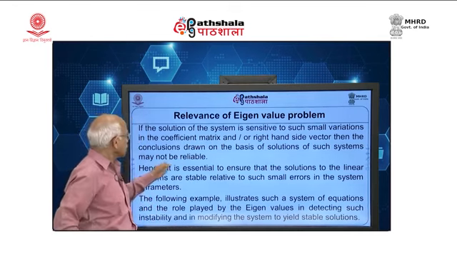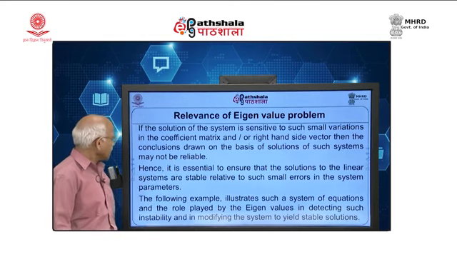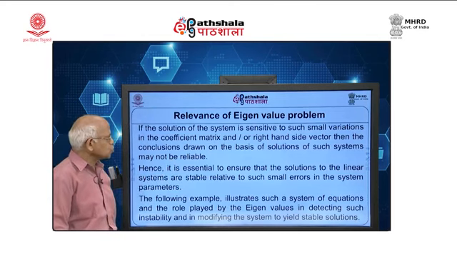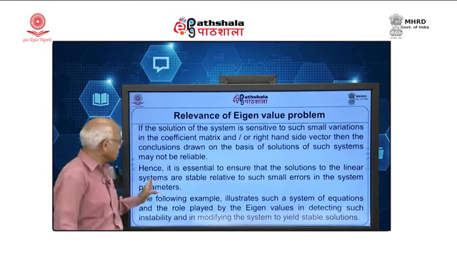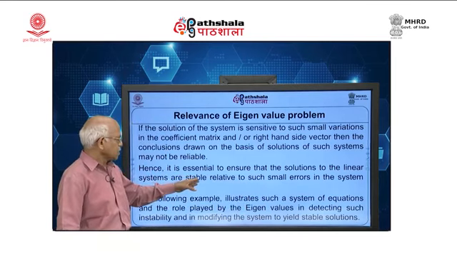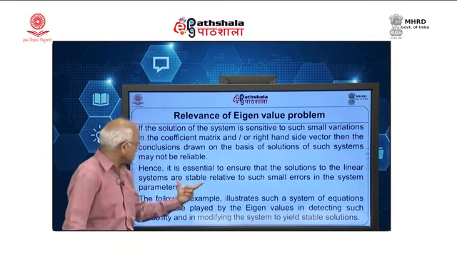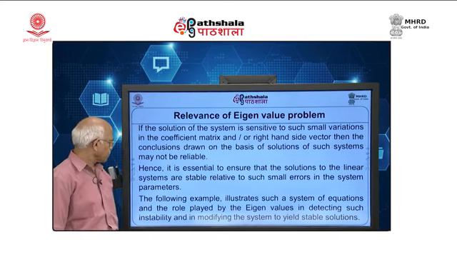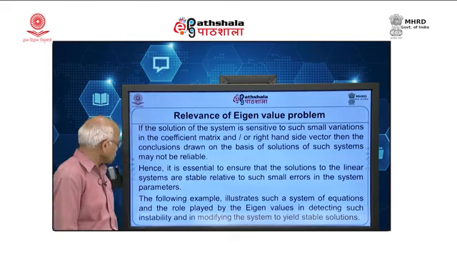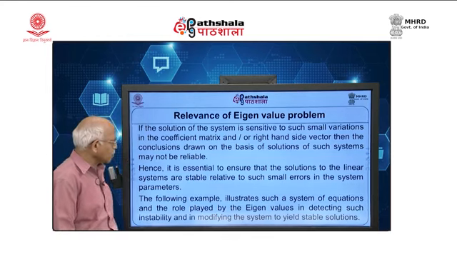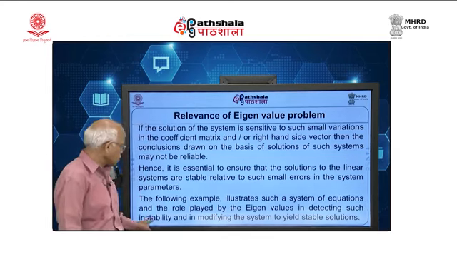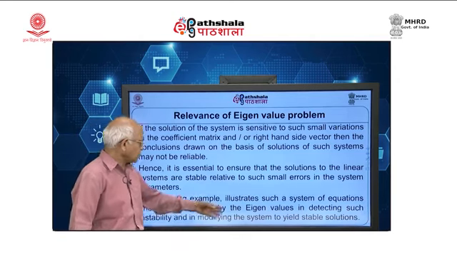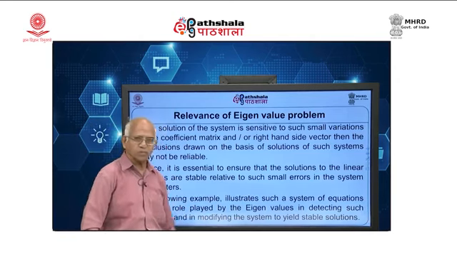Hence, it is essential to ensure that the solutions of linear systems are stable relative to such small errors in the system parameters. The following example illustrates such a system of equations and the role played by eigenvalues in determining such instability and modifying the system to yield stable solutions.